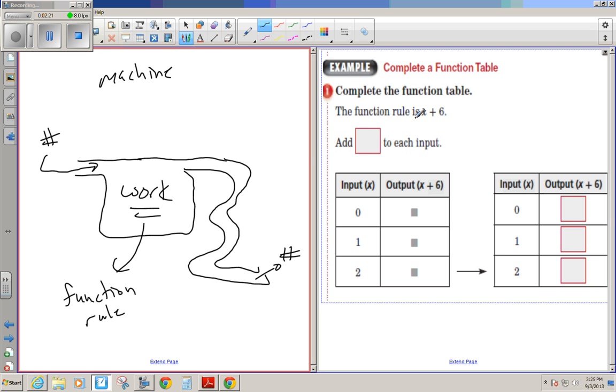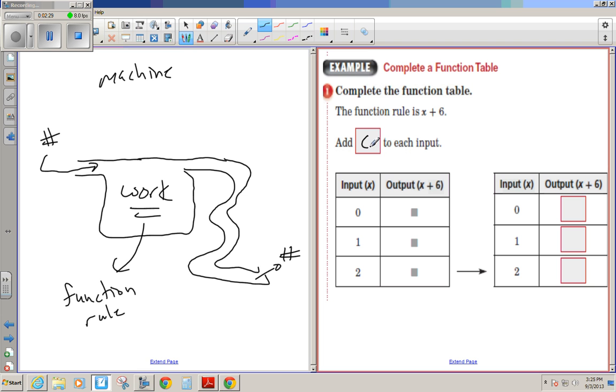So complete the function table. The rule is x plus 6. So our machine here is doing x plus 6. What you're doing is adding 6 to each input. So last video, you should have talked about x plus 6, and say that x equals 2. So you're putting 2 into the machine, and you're adding 6 to it.